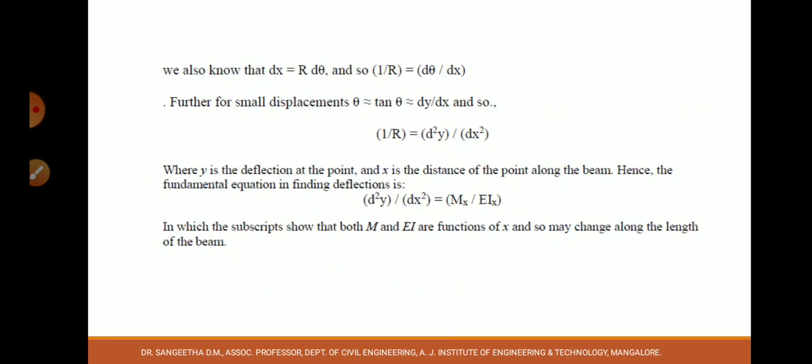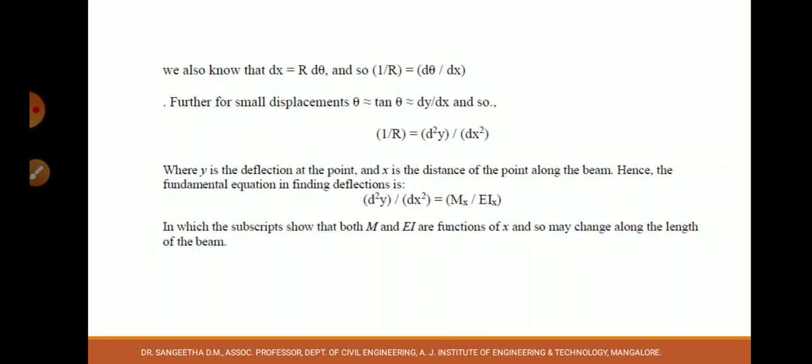Further, for small displacements, d theta is approximately equal to tan theta, which is dy by dx. In other words, 1 by R is equal to d square y by dx square, where y is the deflection at a point and x is the distance of the point along the beam.